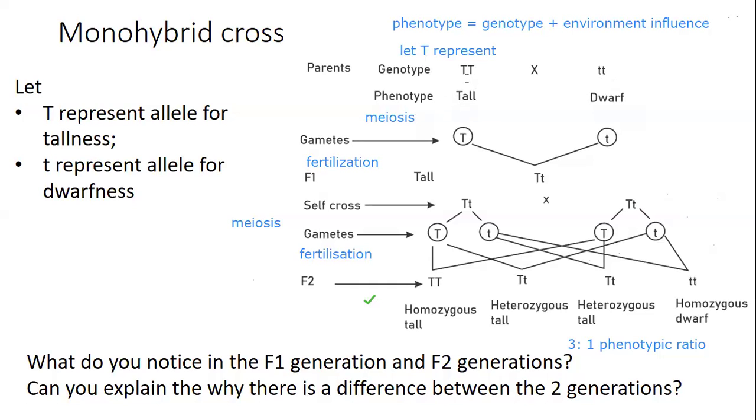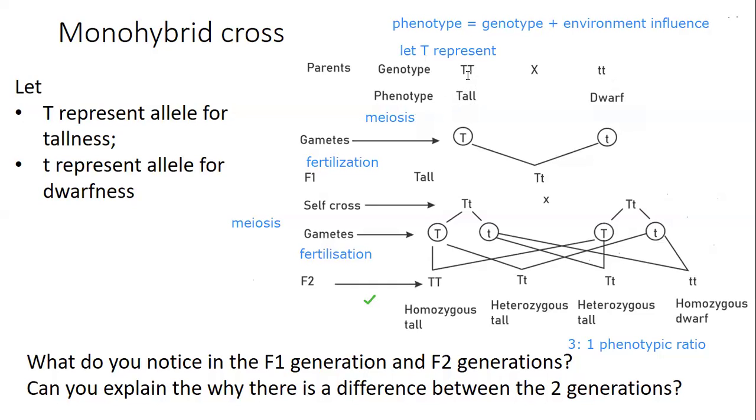Now, when these parents undergo gamete formation, they are going to produce gametes that have the same traits as their parent cells.